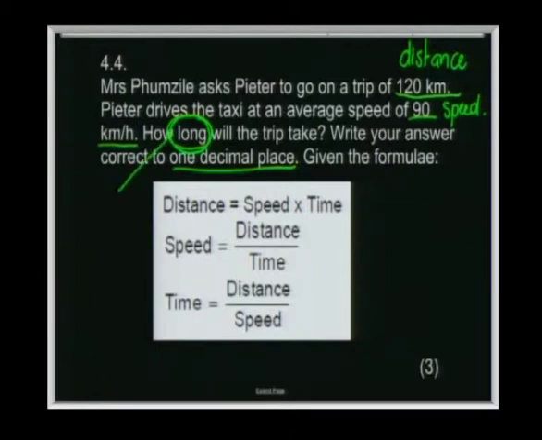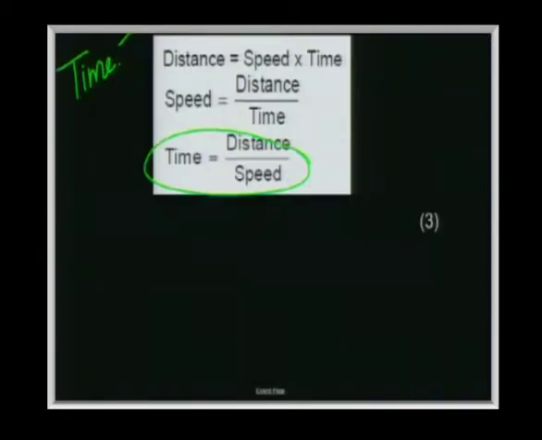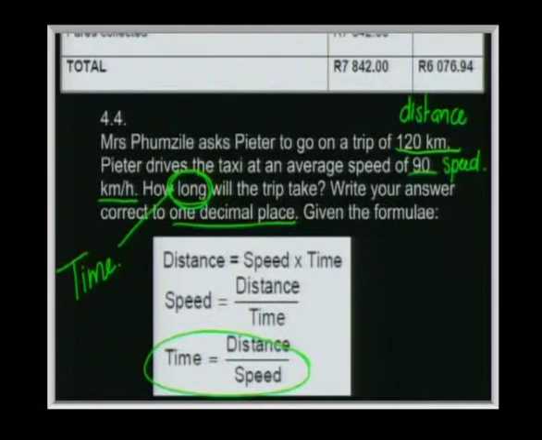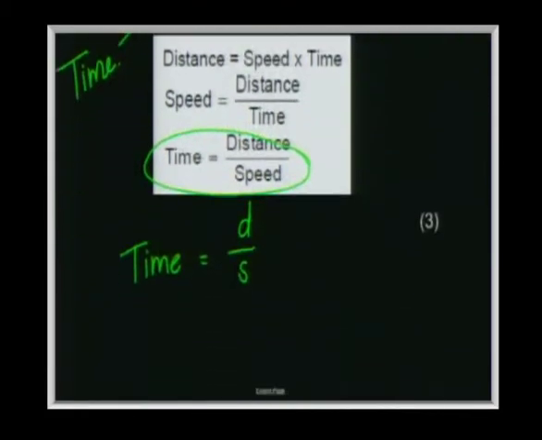How long means time. So which of these formulas am I going to choose? I'm going to choose this one because I'm looking for time. So I need to have my distance over speed. My distance was 120 kilometers. And my speed was 90 kilometers per hour.